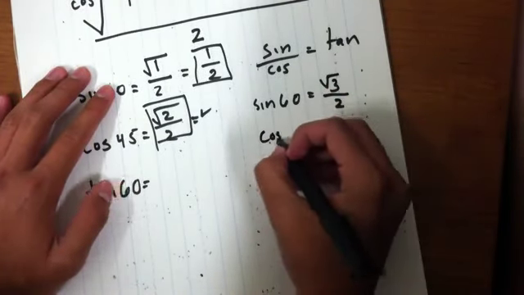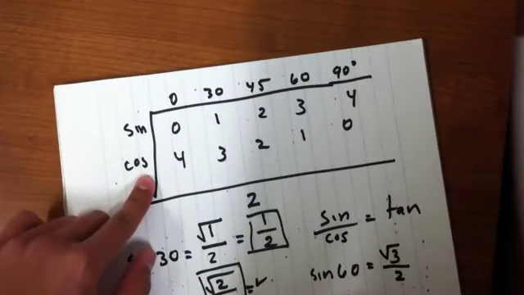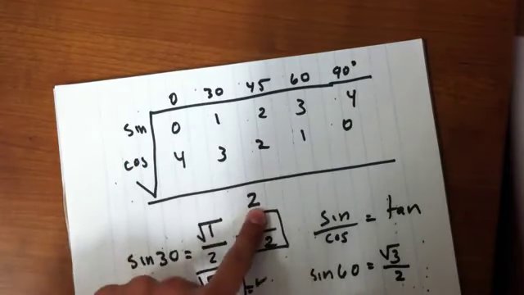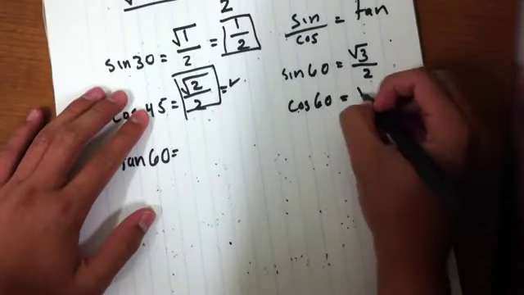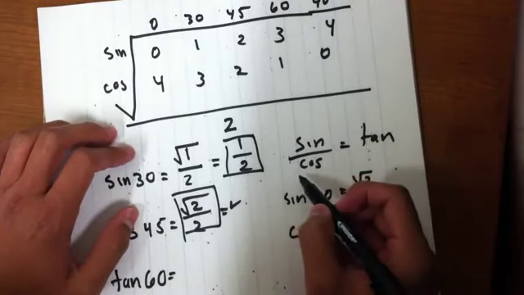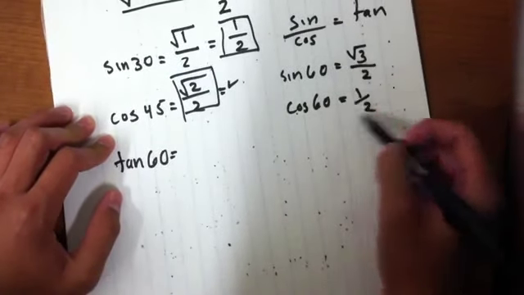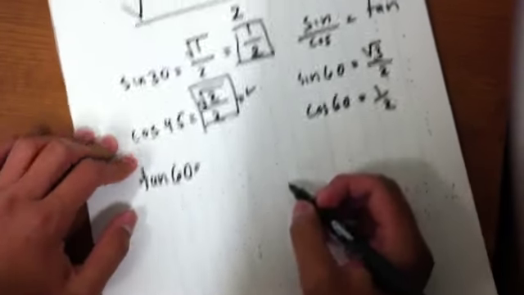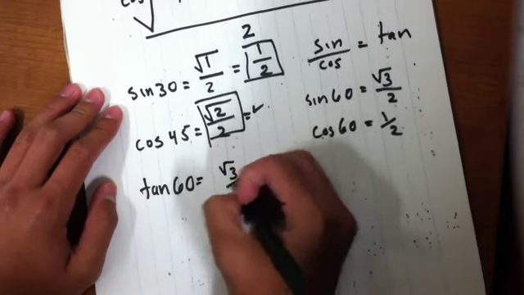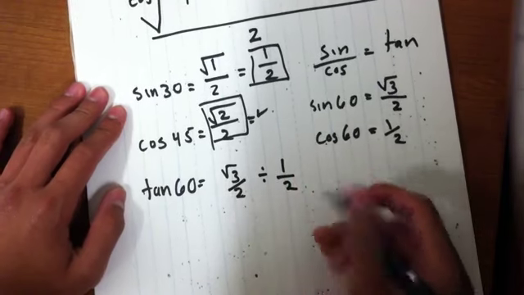and cosine of 60 is square root of 1 over 2, which is just 1/2. Since we know this relationship between sine, cosine, and tangent, we'll just divide these two values. Basically, this would be square root of 3 over 2 divided by 1/2.